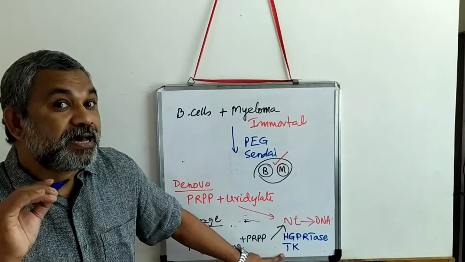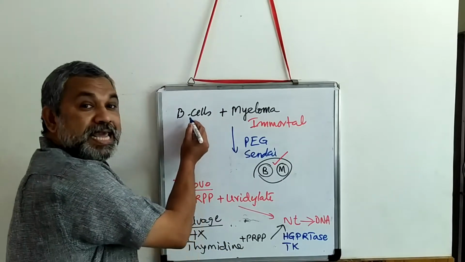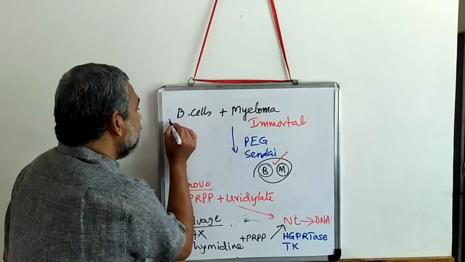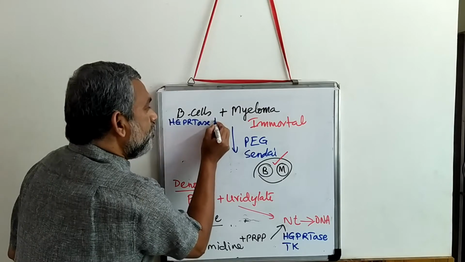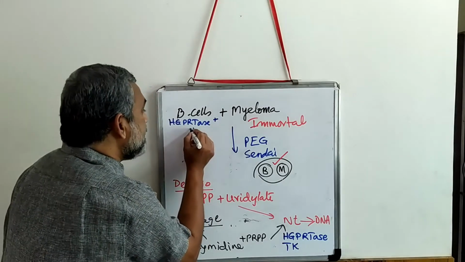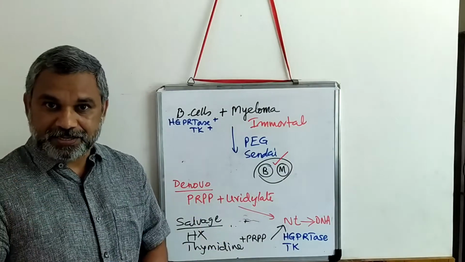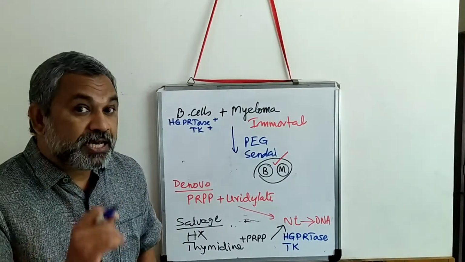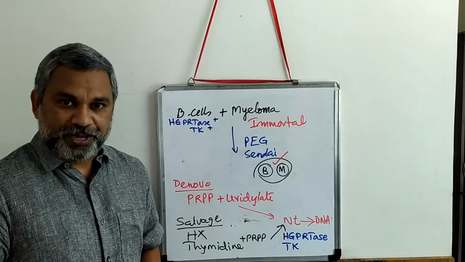And where are the genes for these enzymes? They are present in the B cells. So therefore, this is HGPRTase positive and TK positive. It should be present.